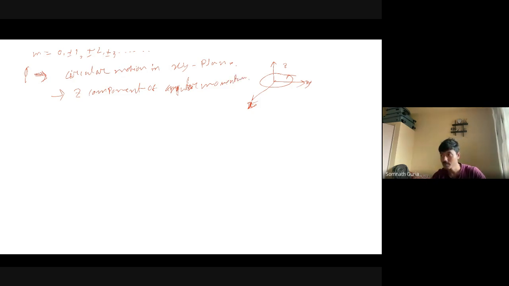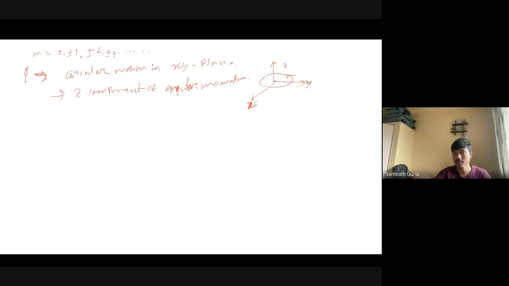How can you prove that? It is the z component of the angular momentum.